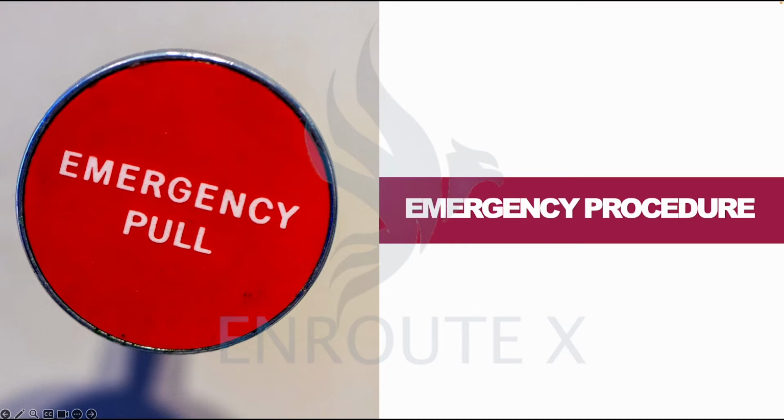So what is emergency procedure? Emergency procedure refers to a predefined set of actions and processes to follow when an unforeseen or critical issue arises that requires immediate attention and resolution.